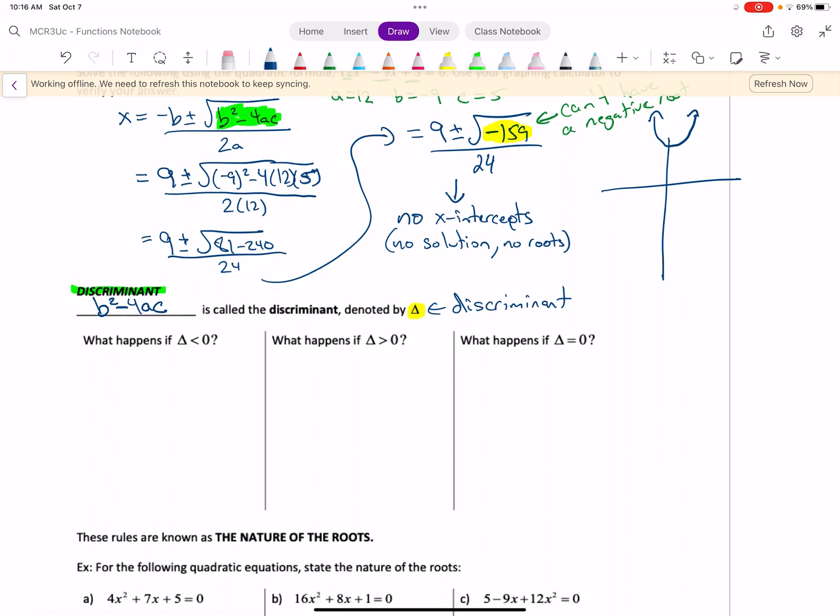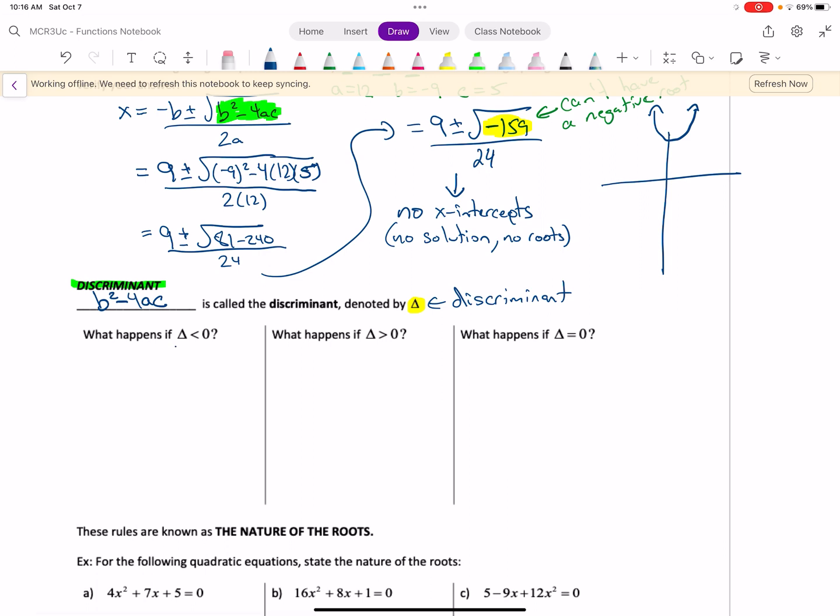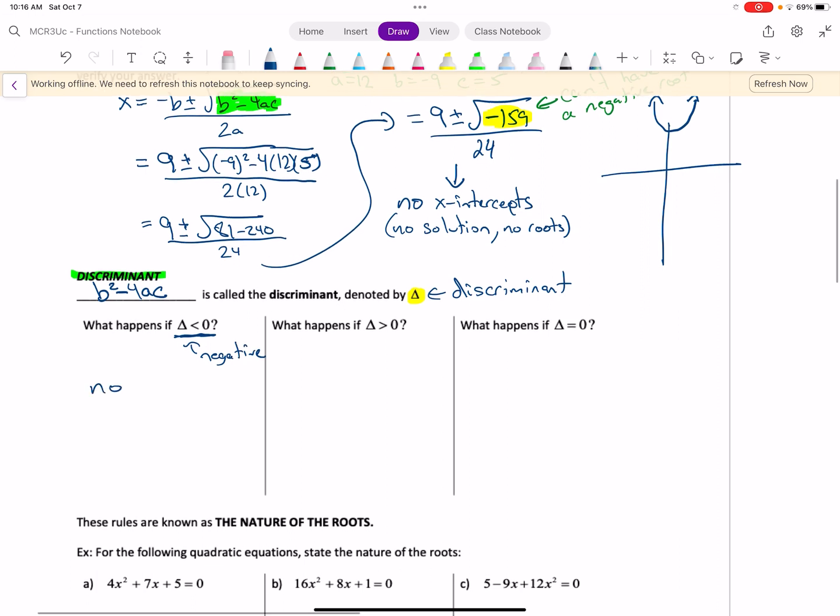So we just saw here, if it's negative, so this, if it is less than 0, which really means negative, we know that there are no solutions. And again, roots, whatever you want to call them, zeros even. So it's something where you have either up above the x-axis going up or below the x-axis going down. You have situations where it doesn't cross the x-axis.